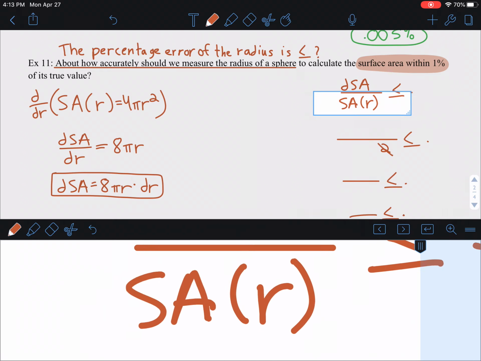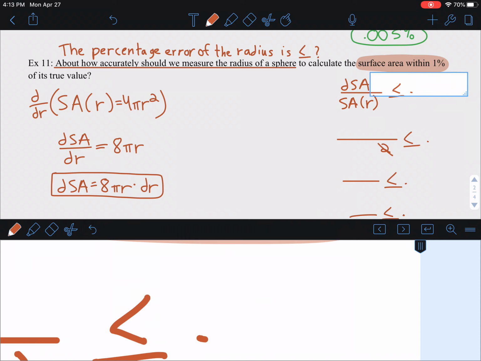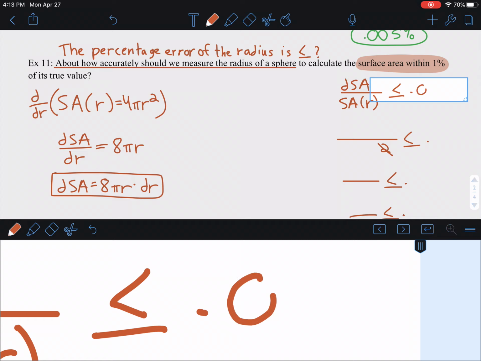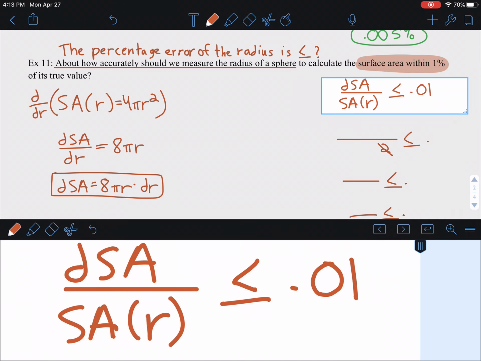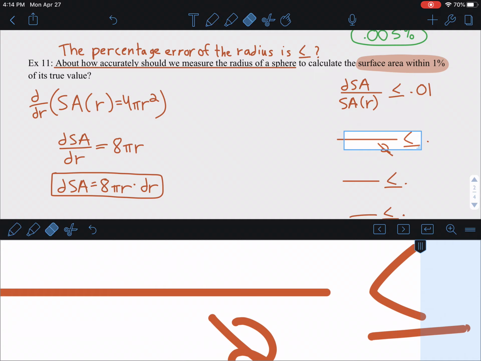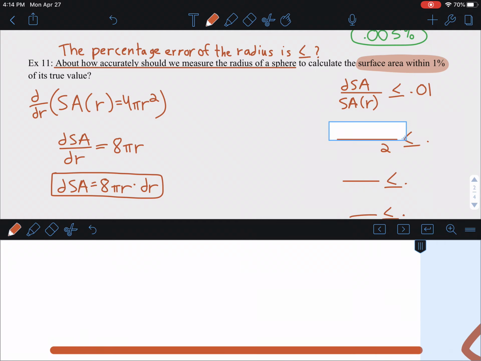So the differential of the surface area over the initial surface area has to be less than or equal to 1%. Remember, I'm writing this now in terms of relative change, so I have to divide by 100. So this is going to be 0.01 that it has to be less than or equal to. Now I'm going to plug in those two formulas.